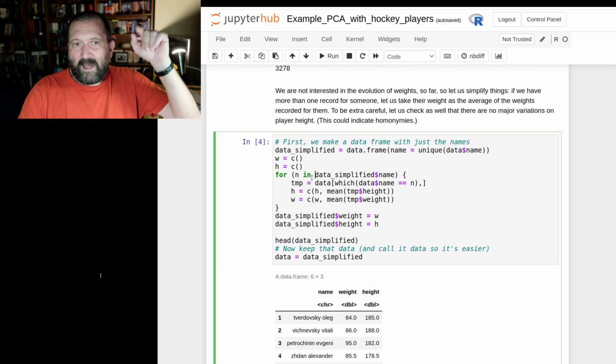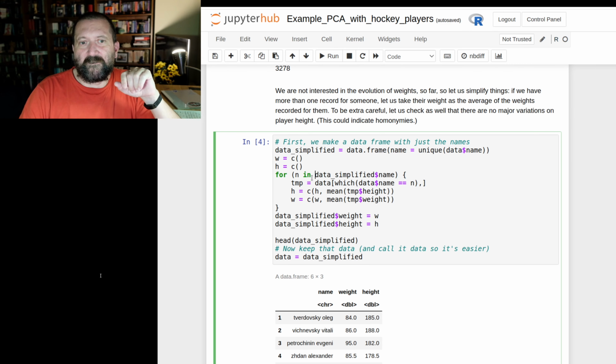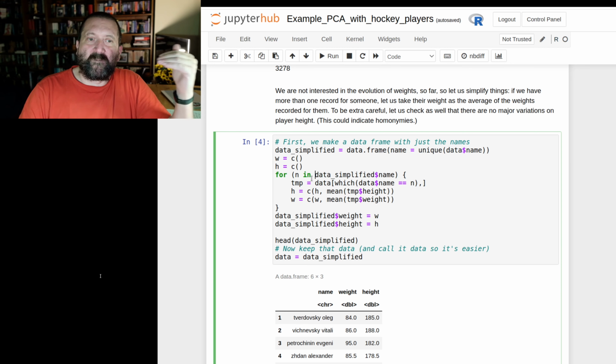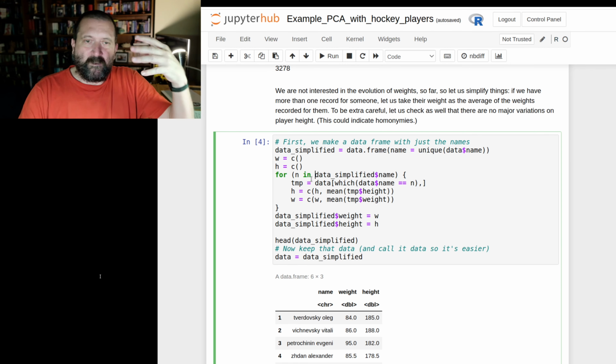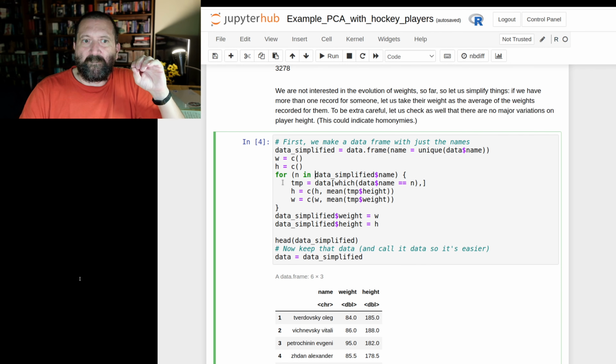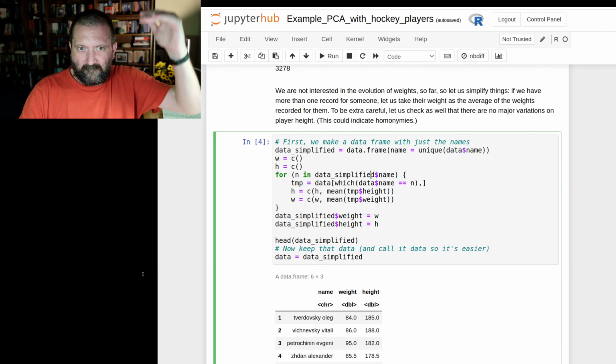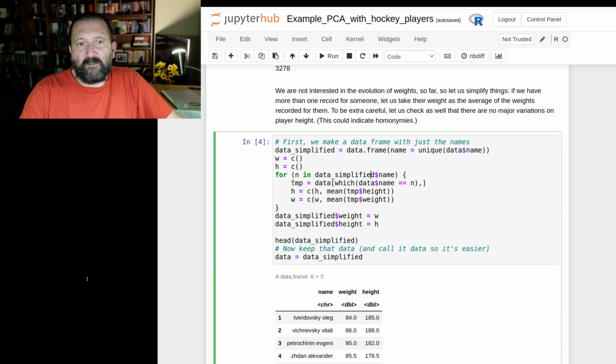We could go from i is 1 to the dimension of the data frame. But here what I'm choosing to do is, instead of picking individual rows, I'm picking individual names. So I'm going down the names, and I'm selecting in the original data set the rows that correspond to the name that I've chosen.